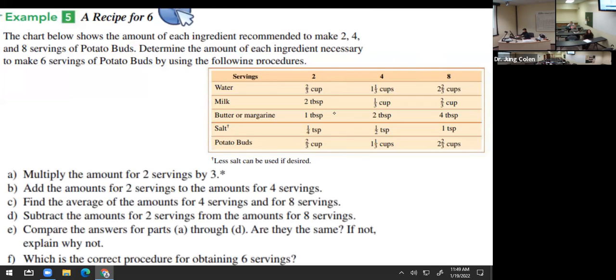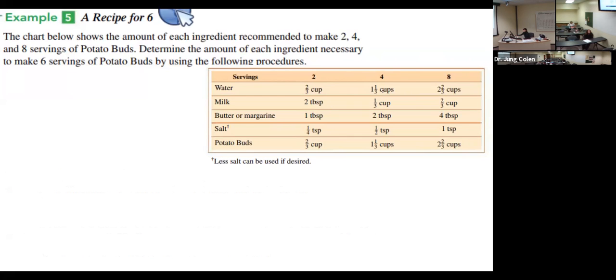And for 4 servings, you need to have this much, and for 8 servings, you need to have this much of each ingredient. We understand what's going on. My question is, we are given this, but I want to make 6 servings instead of 2, 4, or 8 servings. How can I find 6 servings using only the givens here? Does anybody have an idea?